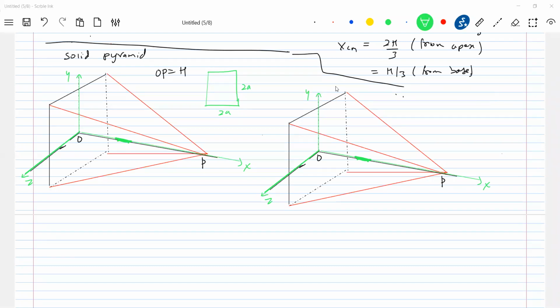Square plate. Plate you should not say, no, square base you have to say. You should not use word plate. Square base. Base of a pyramid will be square.